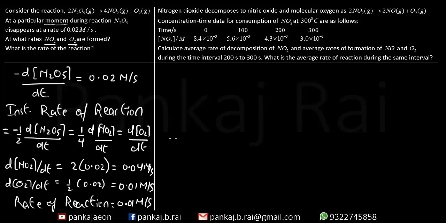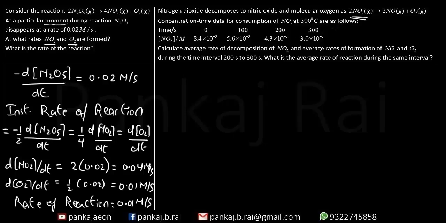Now let us move ahead with the next numerical and see what is there. We have nitrogen dioxide, NO2, decomposing to give nitric oxide NO and molecular oxygen O2. We have been given concentration-time data for NO2 at 300 degrees Celsius.